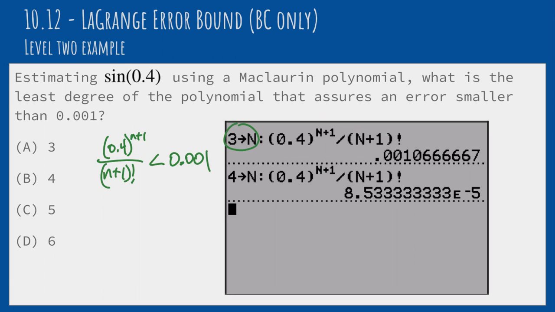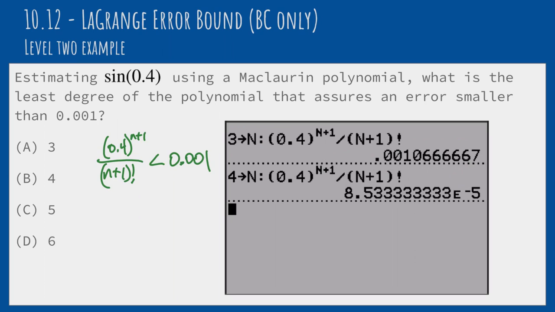By putting 3 in for n and then putting a colon here, it's going to evaluate this, and it's going to tell me what the answer is. So with n equal to 3, our error is going to be bounded by close to 1/1000th, but it's a little bit bigger than 1/1000th.